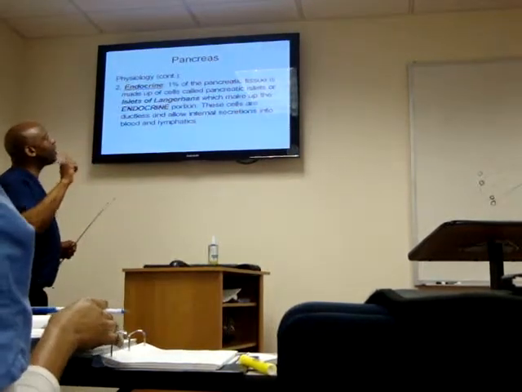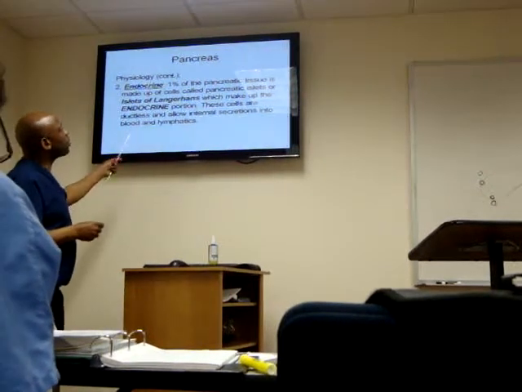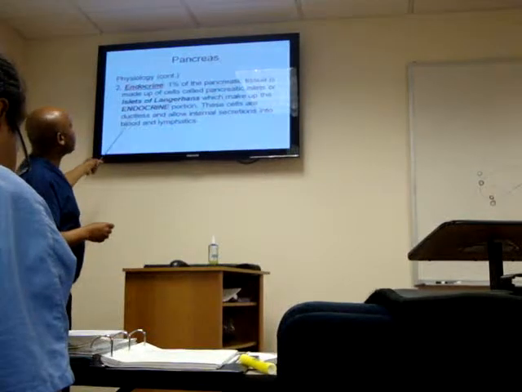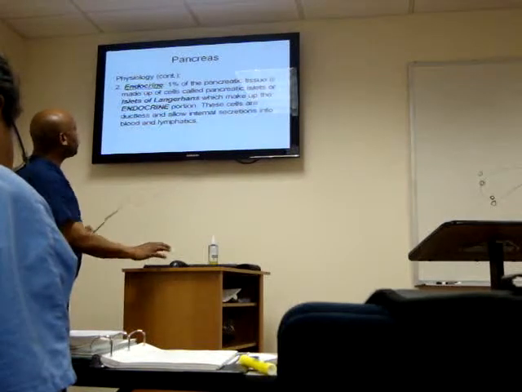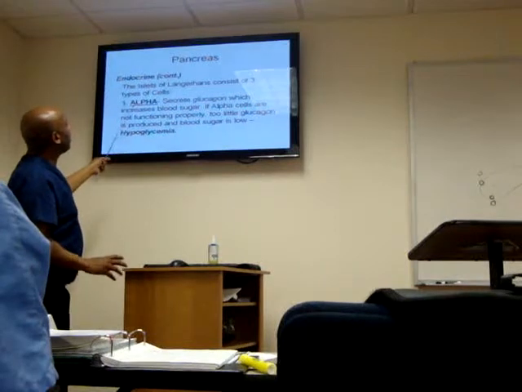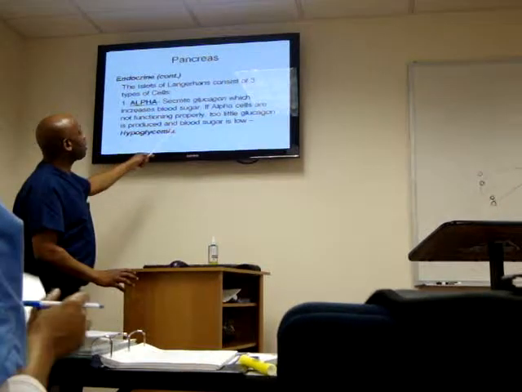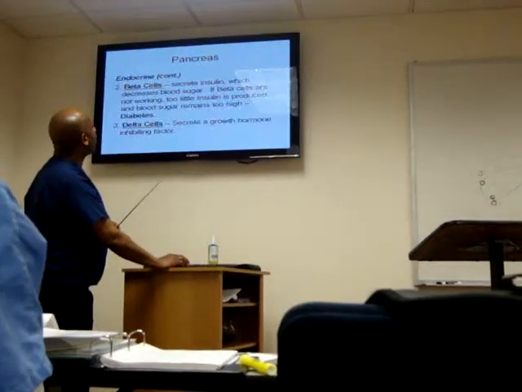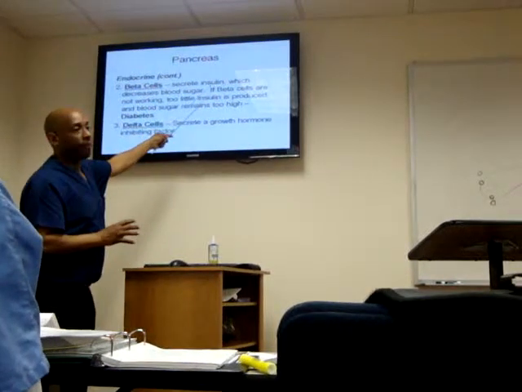As an endocrine gland, the secretions go directly from the islets of Langerhans into the blood system. There are two types of cells, alpha cells and beta cells. The alpha cells secrete glucagon, and more important, the beta cells secrete insulin.